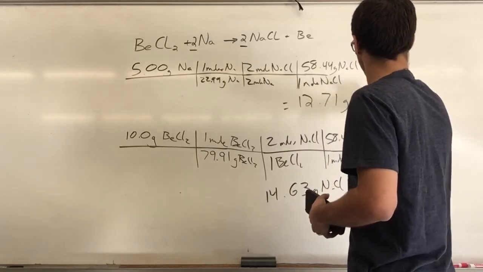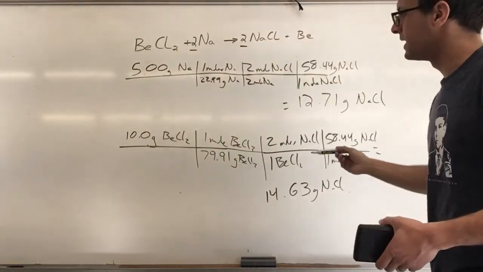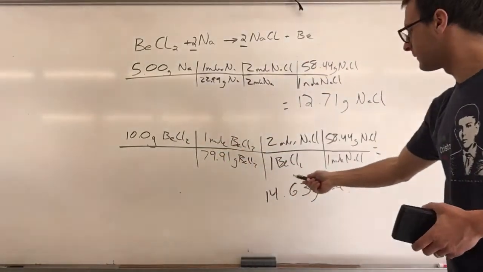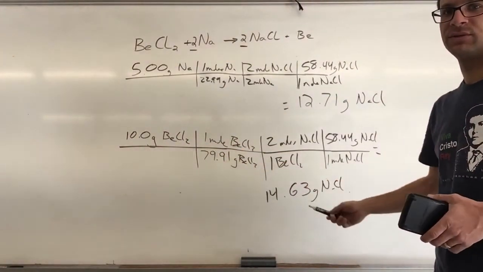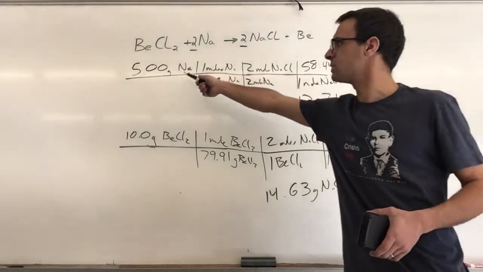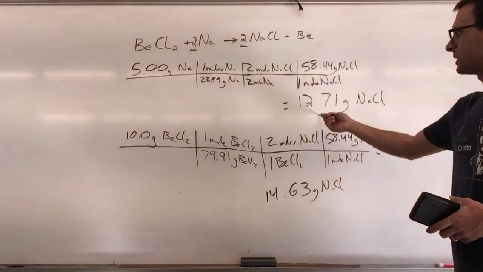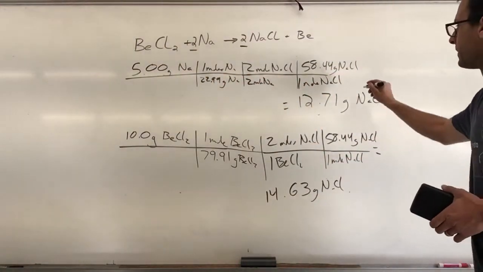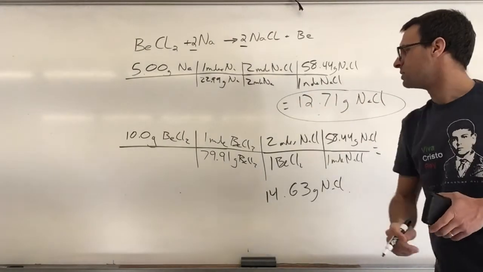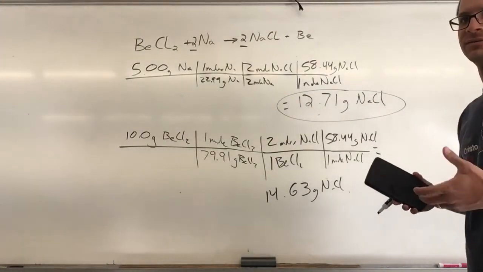grams of sodium chloride. So if I use all the beryllium chloride, I can make 14.63 grams. If I use all the sodium that I started with, I can make 12.71. This is going to be the least or the less of the 2, right?